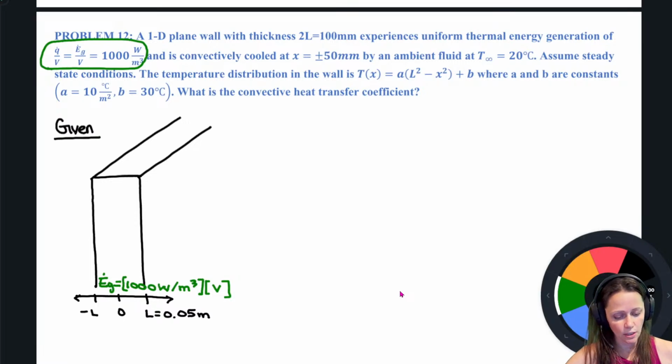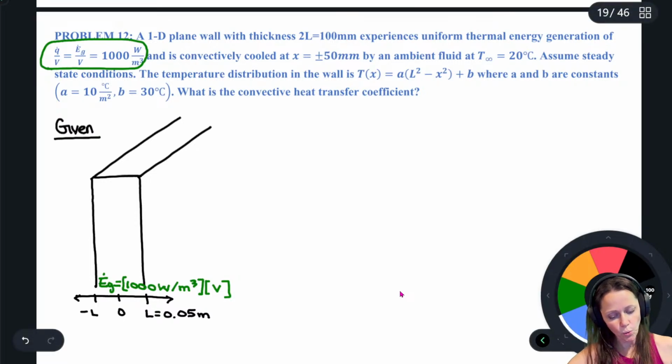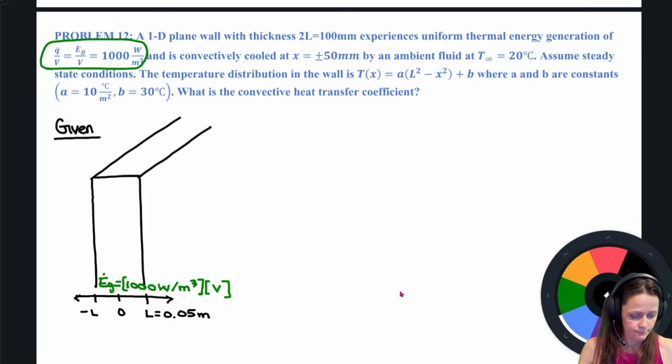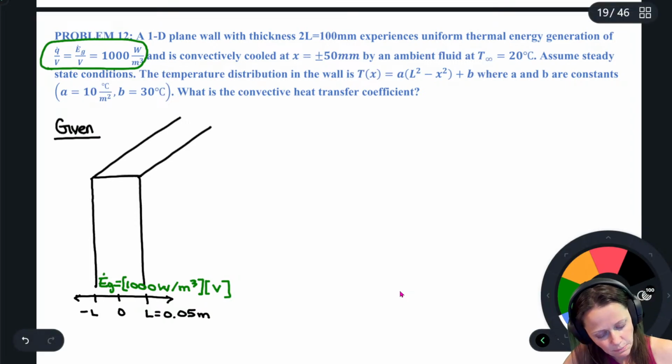All right, so we'll talk about what that is, and it's convectively cooled at x equals plus or minus 50 millimeters, so plus or minus L, by an ambient fluid. So we have some fluid out here. This is at 20 degrees Celsius. This is at 20 degrees Celsius.